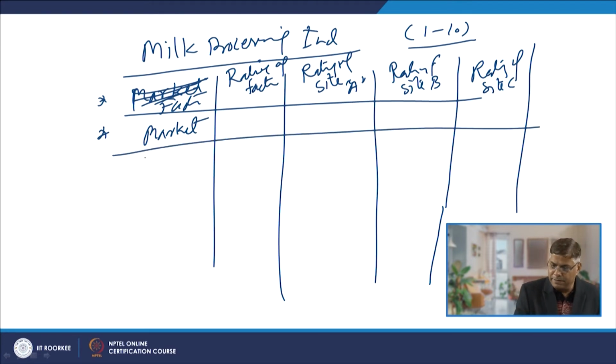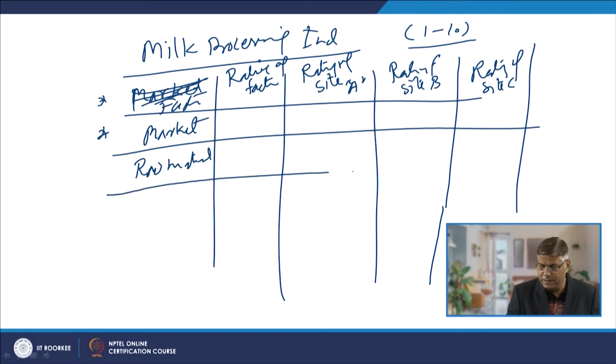Right. Then we will have to see the raw material, where the milk will be coming from. Then we'll have to see the labor or the manpower who will be working in the organization.